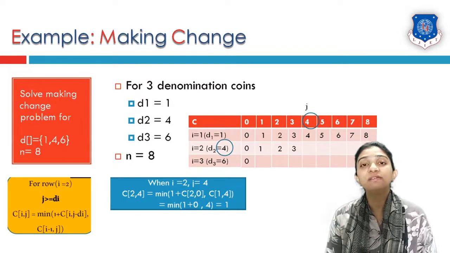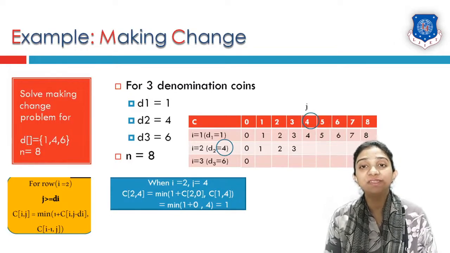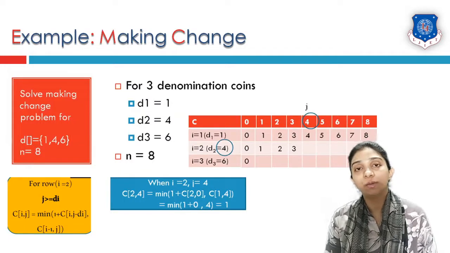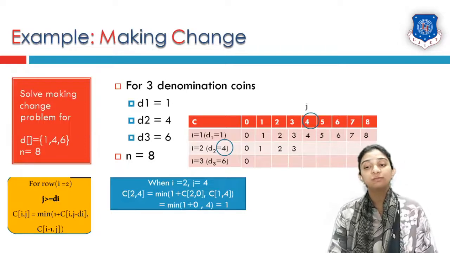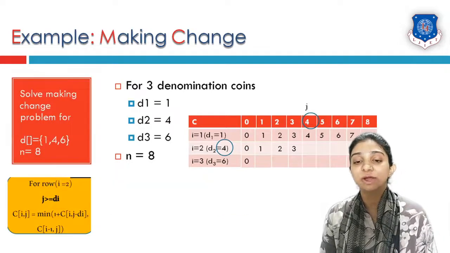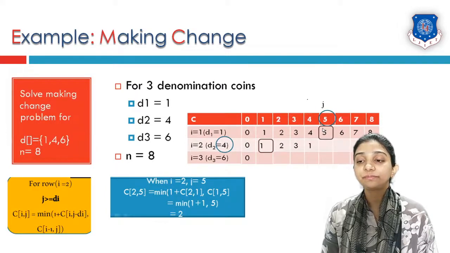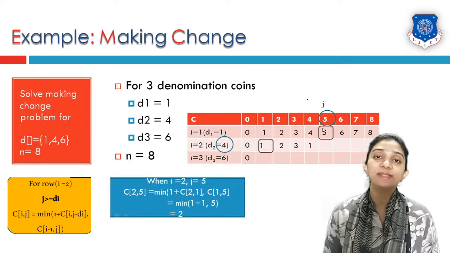So for C of 2 comma 4, it would be minimum of 1 plus C of 2 comma 0, and C of 1 comma 4. So we are going to compare these two cell values, that is 1 and 4. So the minimum is 1. So 1 will be substituted in this case.